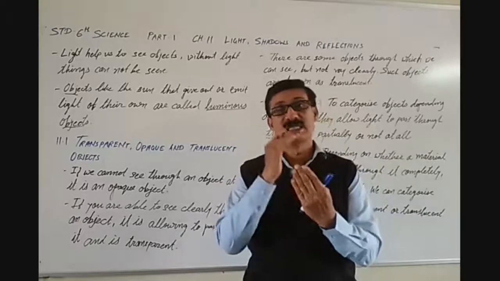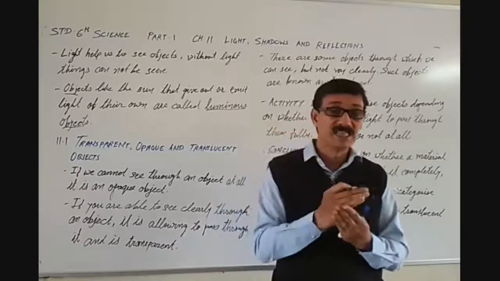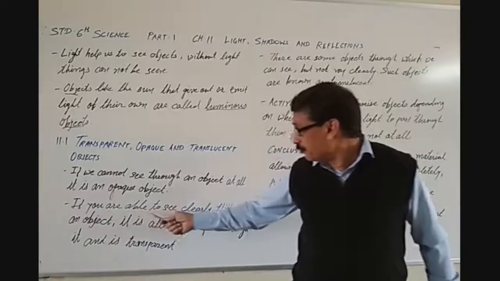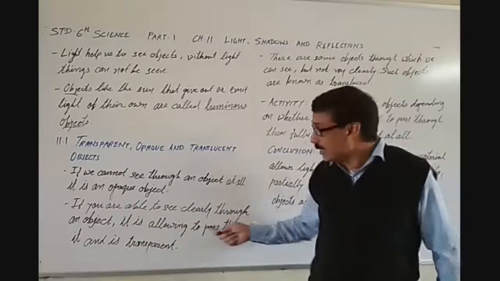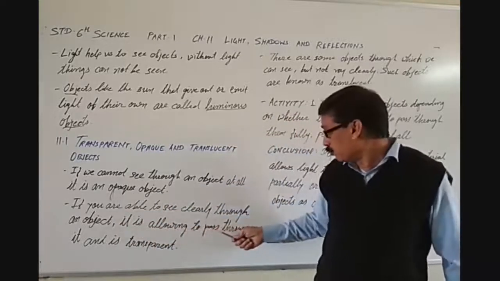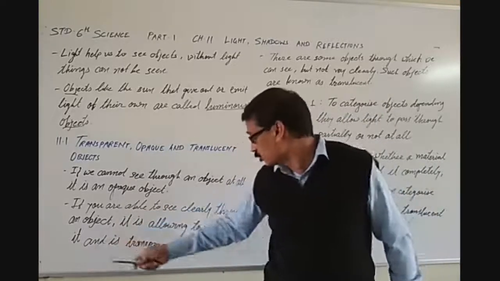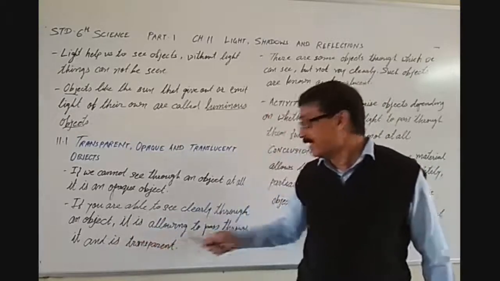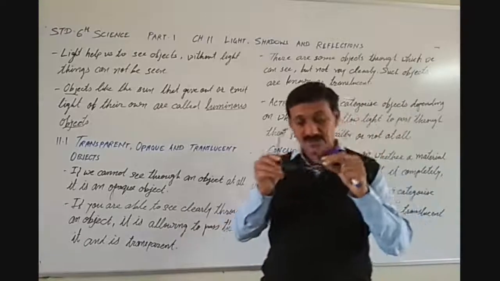Those objects are known as transparent objects. Once again, underline this. Suppose this is a glass.